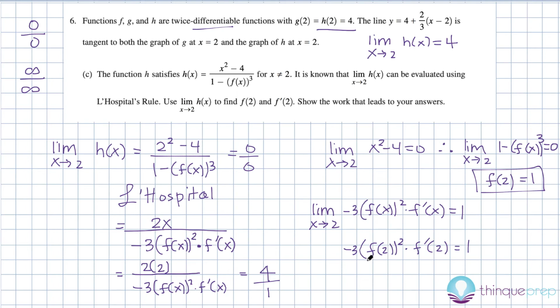Well, f of 2 is equal to 1. And then this 3 is over here, so we can just say f prime of 2 is equal to negative 1 over 3. And that's your complete answer. And if you write out all the stuff like this, that should be enough work to show the reader that you know what you're doing.